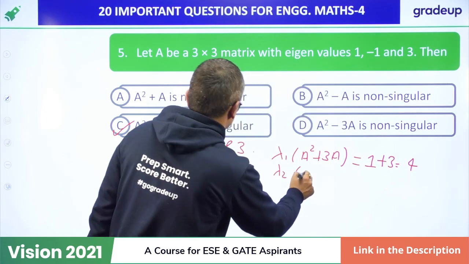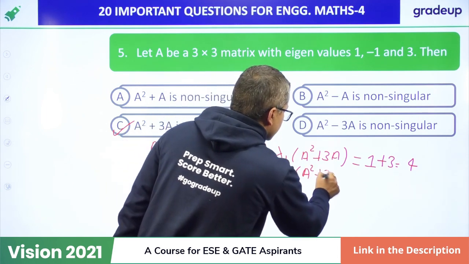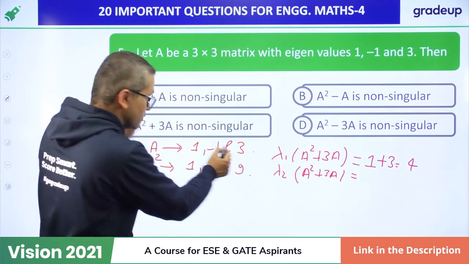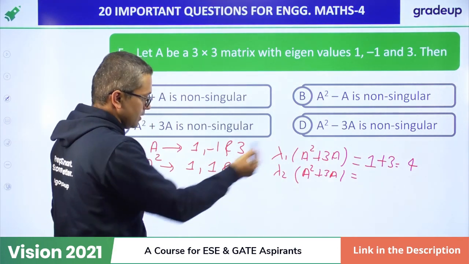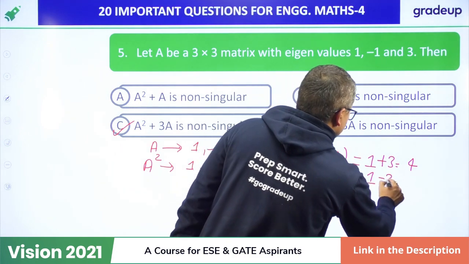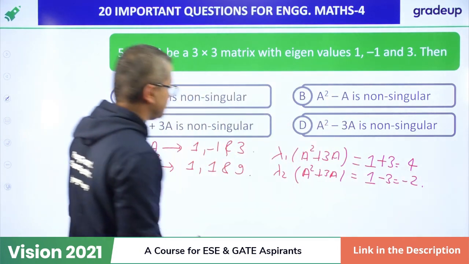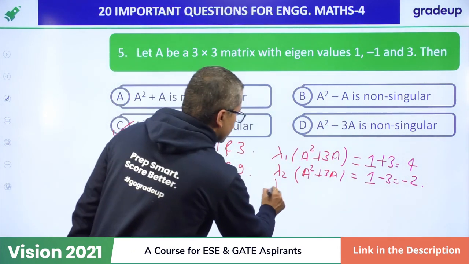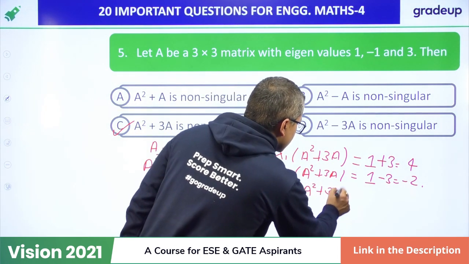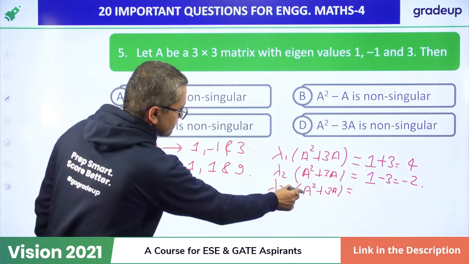And lambda 2 of A square plus 3A equals, instead of A, I'm going to put -1 over here. So that is 1 minus 3 equals -2, all right? Now lambda 3 of A square plus 3A, I'm just going to put 3 here.